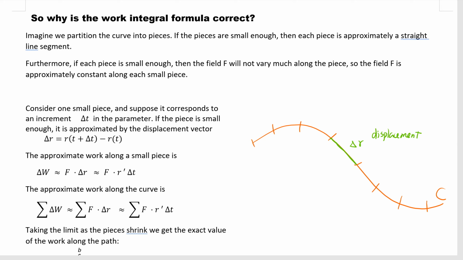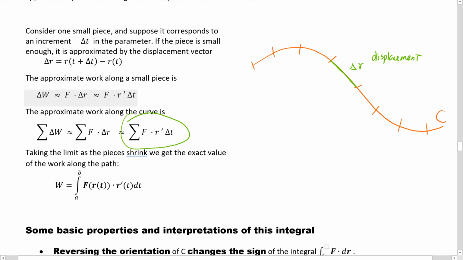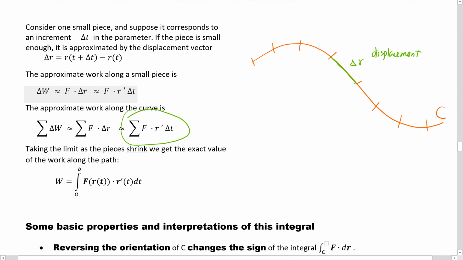Okay, so for the approximate work done, we sum all those small work pieces together, so we get this formula, and take the limit as the pieces shrink. Then we get the exact value of the work done along the path. So we have F, and this is dot product with gamma prime, the velocity, and then dt. So far so good, everybody?